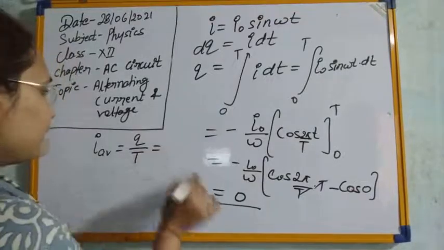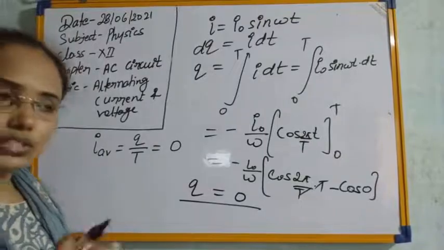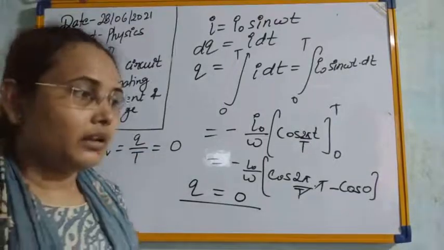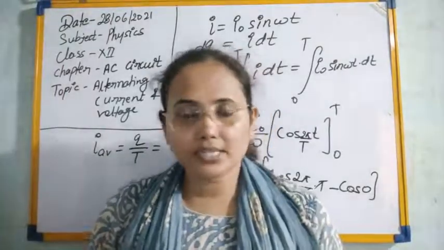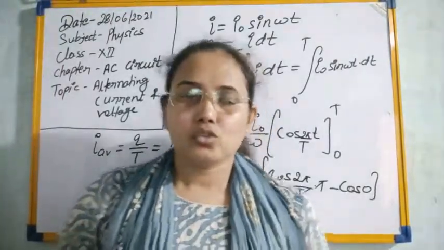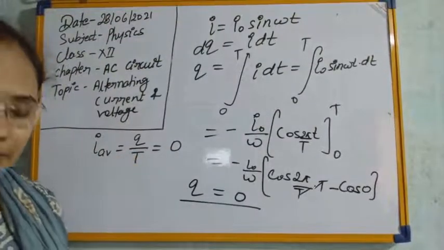This is equal to 0, as the charge is 0. So no net charge is carried whenever a particle completes one rotation for the AC current here. So the mean value of current is 0. Mathematically you can also prove it easily.